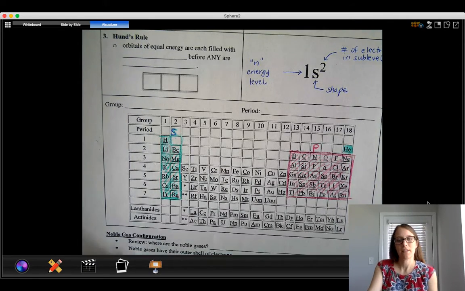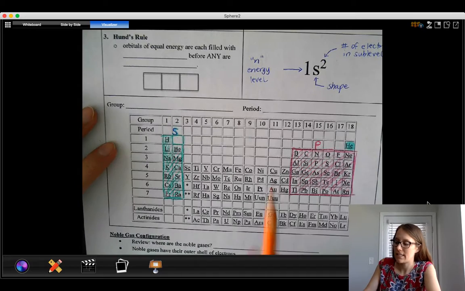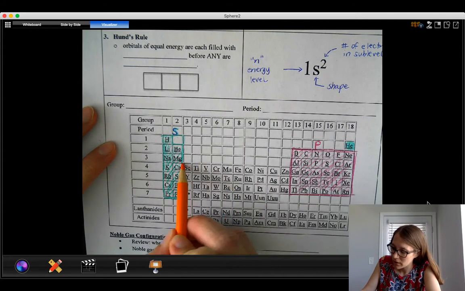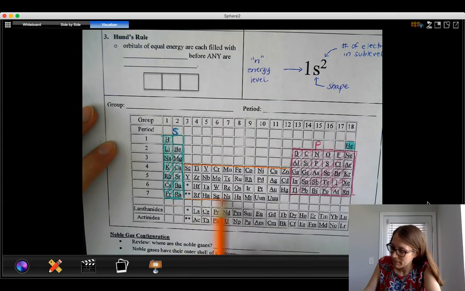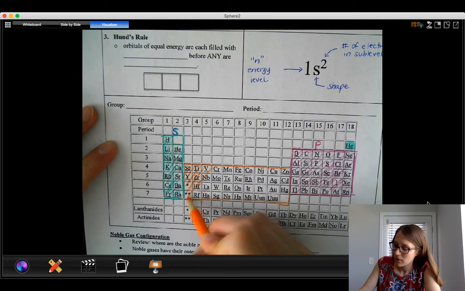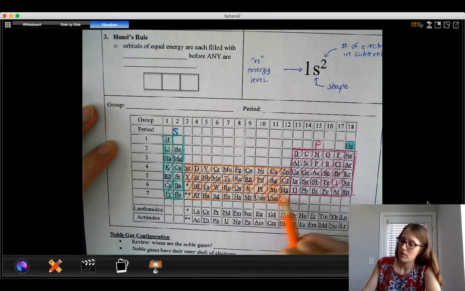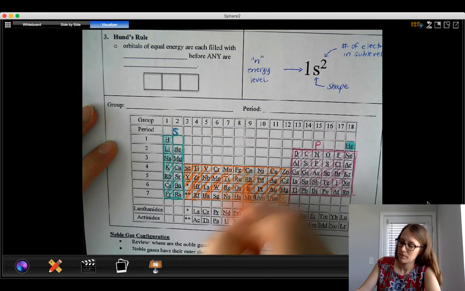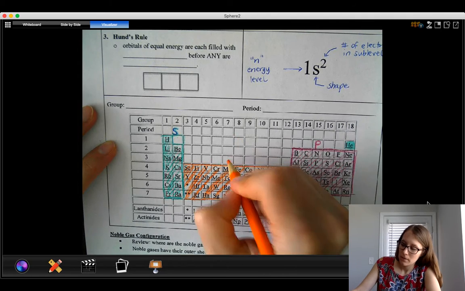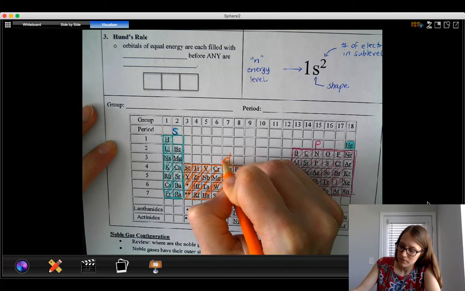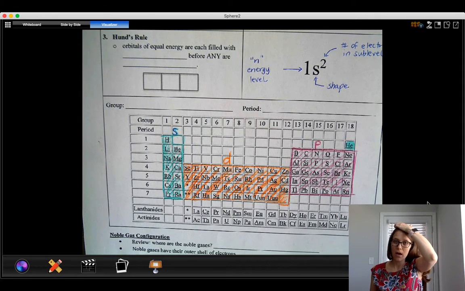The next letter that we saw was D. And D was this middle section over here. So that's our D block.